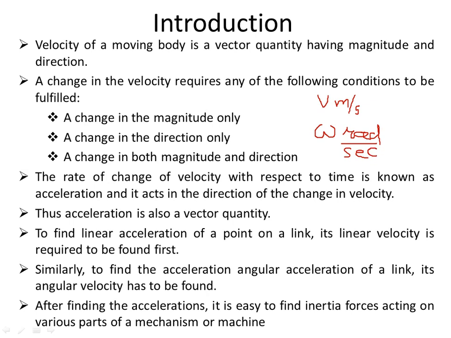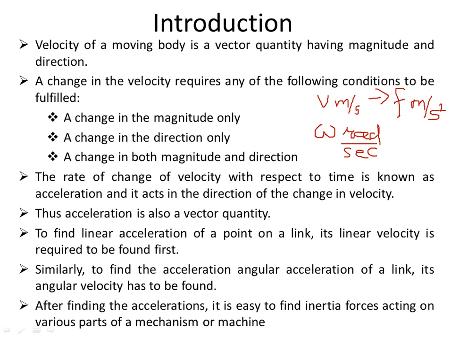Okay, right? So now the acceleration, same way. We have normal acceleration. The linear acceleration is taken in the form of f, and it will be in meter per second square, because it is dv by dt, differentiated with respect to time.